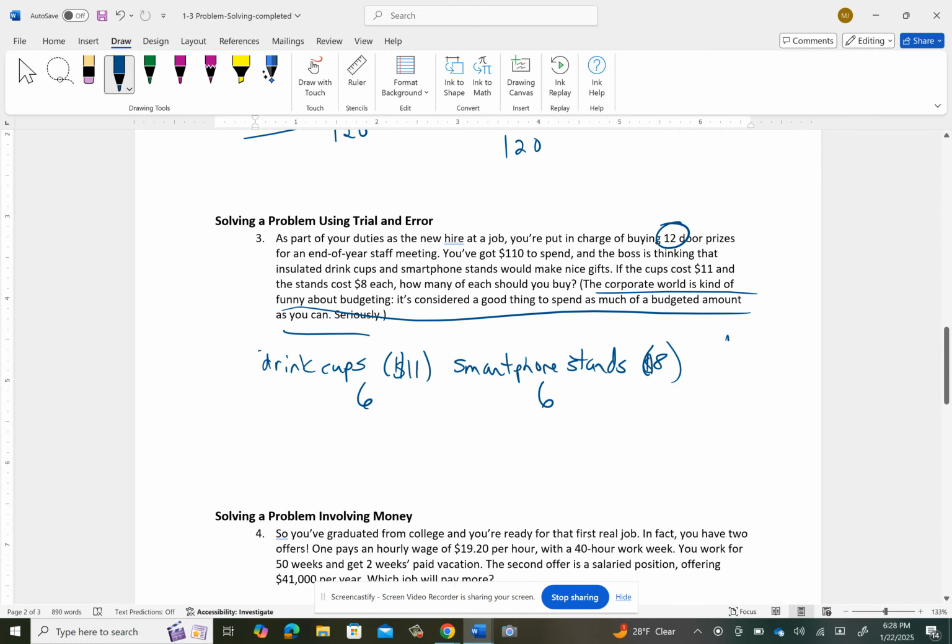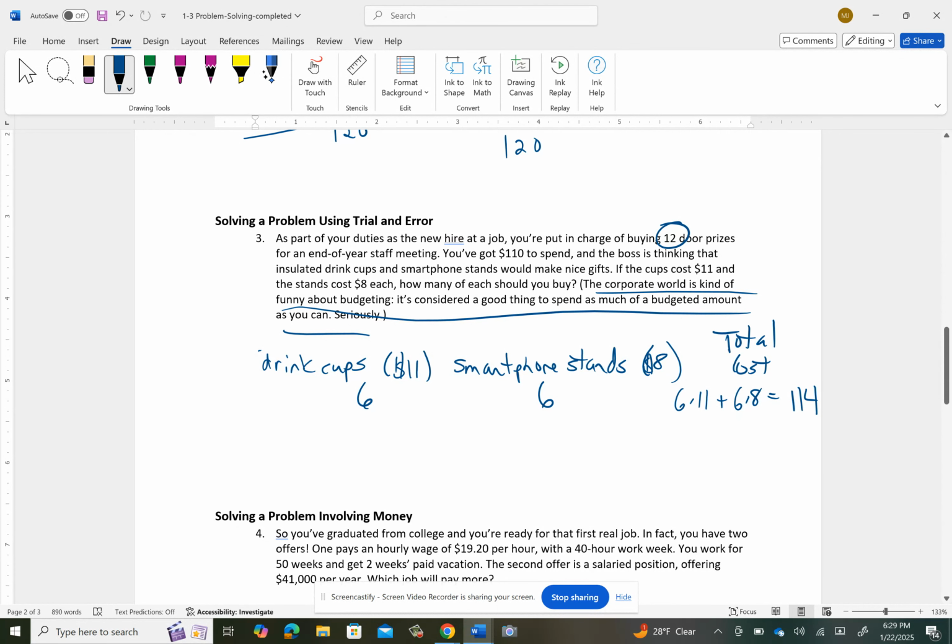Okay, so if I do 6 drink cups and 6 smartphone stands, then wouldn't that be 6 times 11 plus 6 times 8? I'm going to my calculator right now. So that would be 66 plus 48, which would get us to 114, okay?